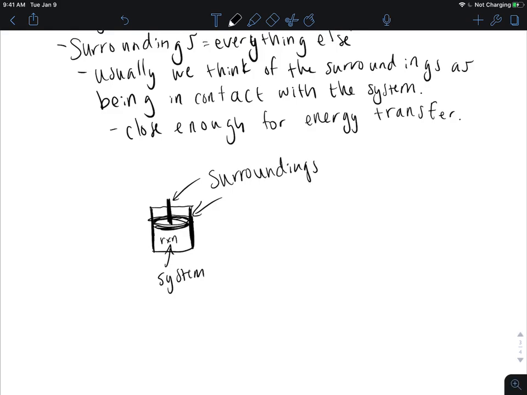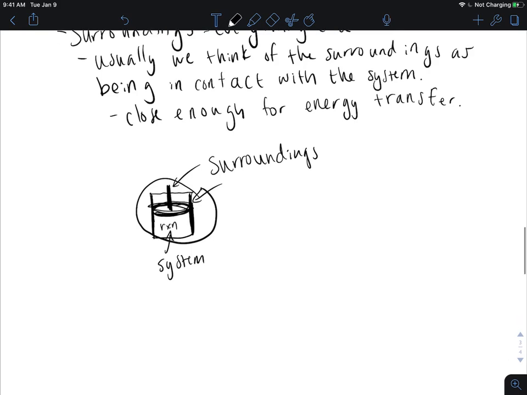As the reaction takes place, it will transfer energy with this whole surrounding right here. In the case of this, it'll probably push up onto the piston, or the surroundings could push down on the system as well.